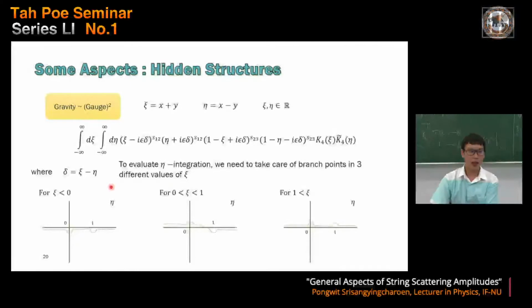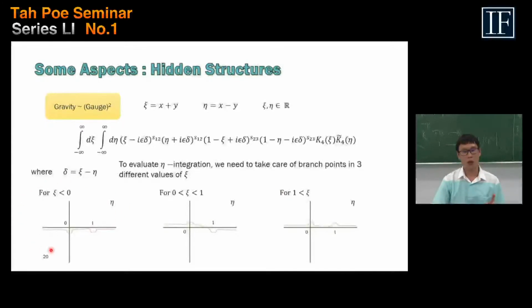So I consider 3 different regions of psi: where psi is less than 0, where psi is between 0 and 1, and where psi is larger than 1. It turns out that to avoid all the branch points, for the first region, the eta integral needs to be deformed around the branch points in the lower half plane.